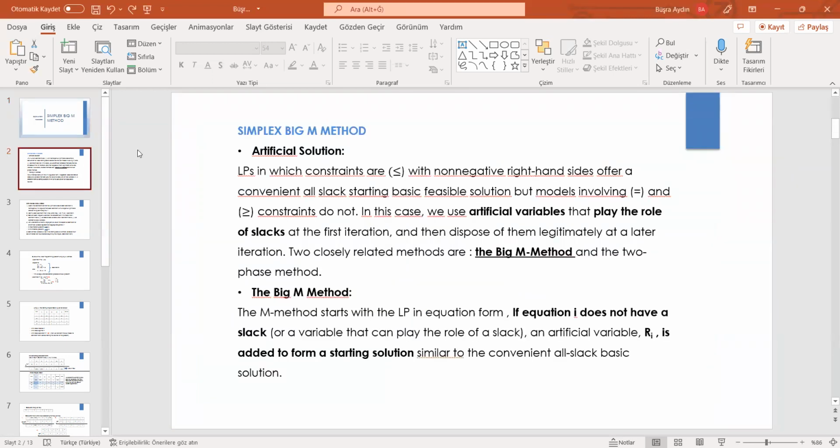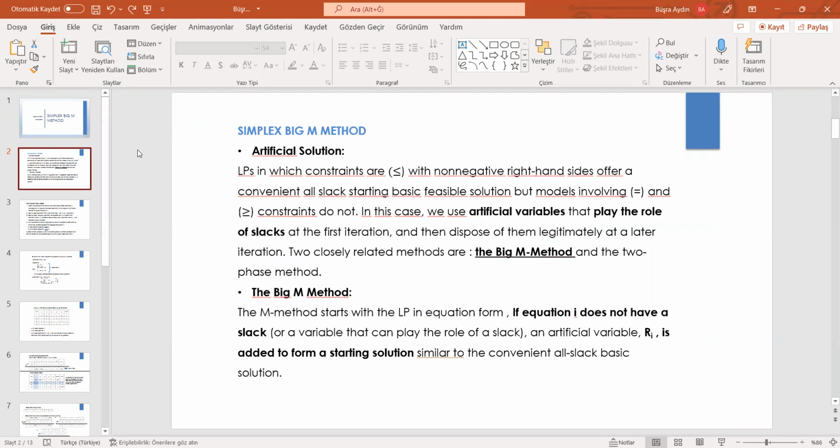For the Simplex Big M method, we have to know two words about this method: the artificial solution, and the slack and artificial variables. First of all, what is the artificial solution?